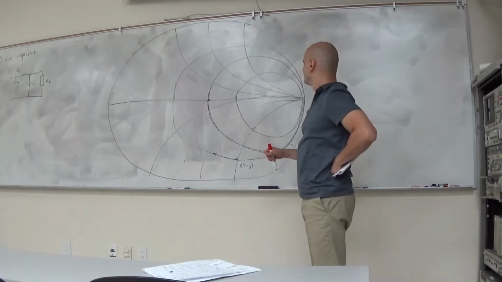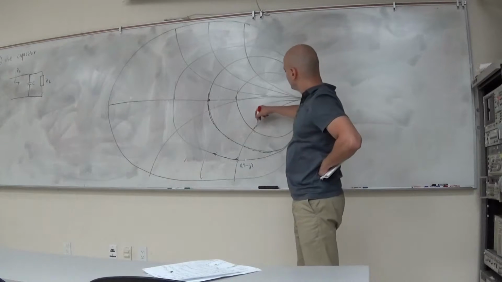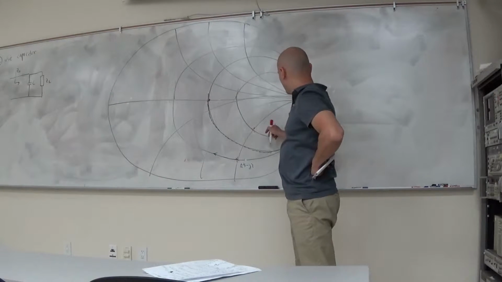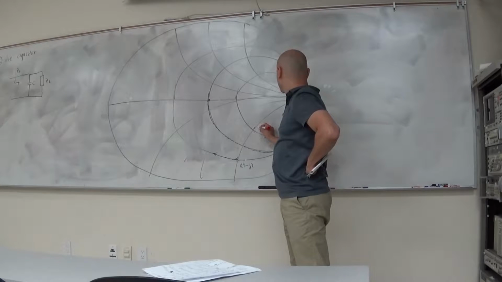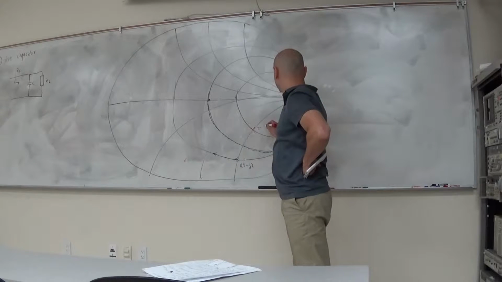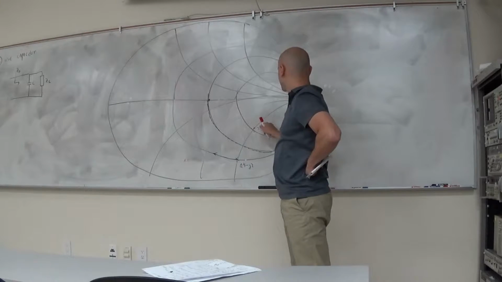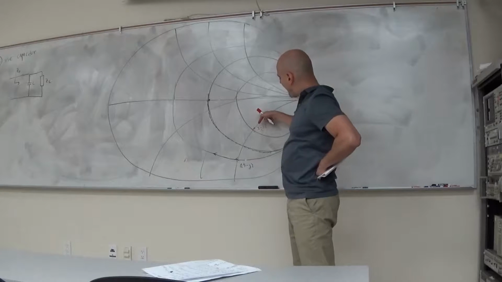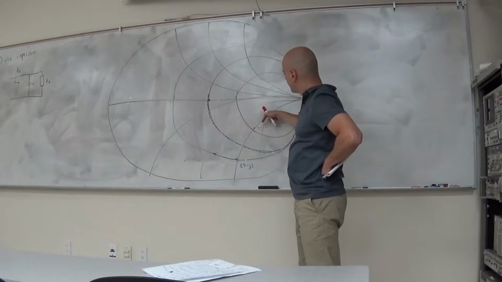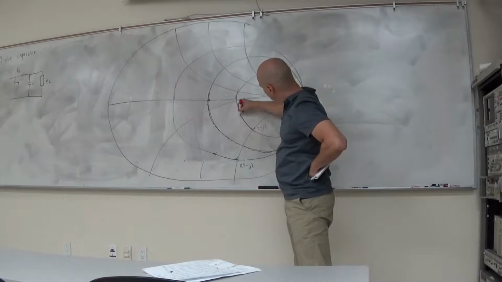Clockwise. Yes, it's going to move that way, because this point here is 2 minus j2, so it's a minus, and I'm going to be adding a plus j omega c, so I'm going to be moving this way.